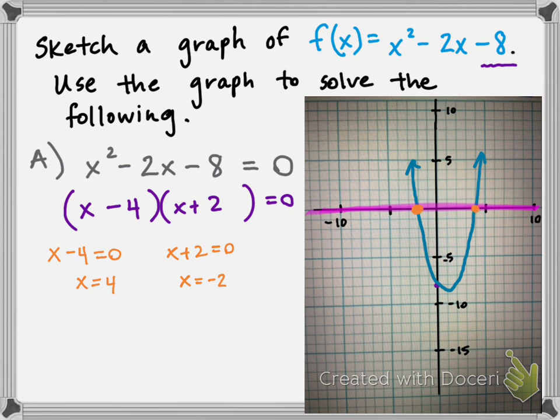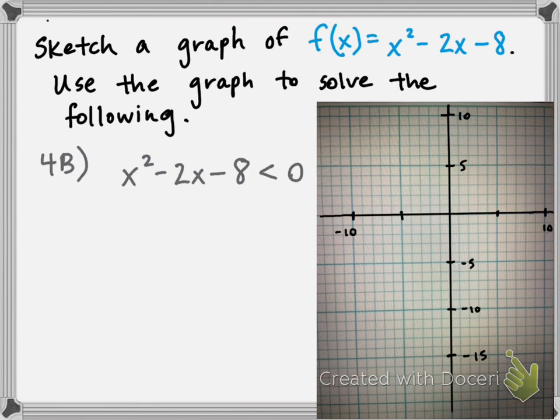That value of 2, negative 2, and the value of 4. And that's correct. That is what it is. Okay, so our final answer on this one would be that the x values that make this quadratic equal to 0 are negative 2 and positive 4.